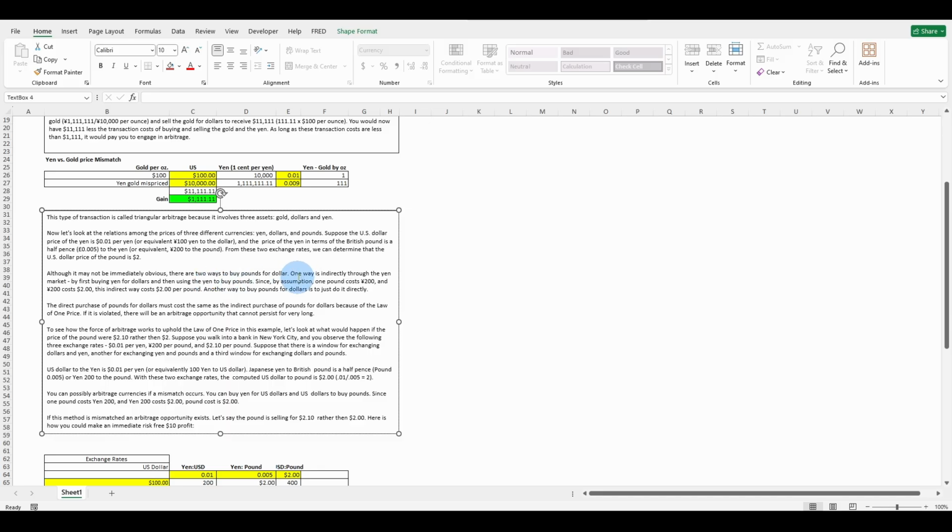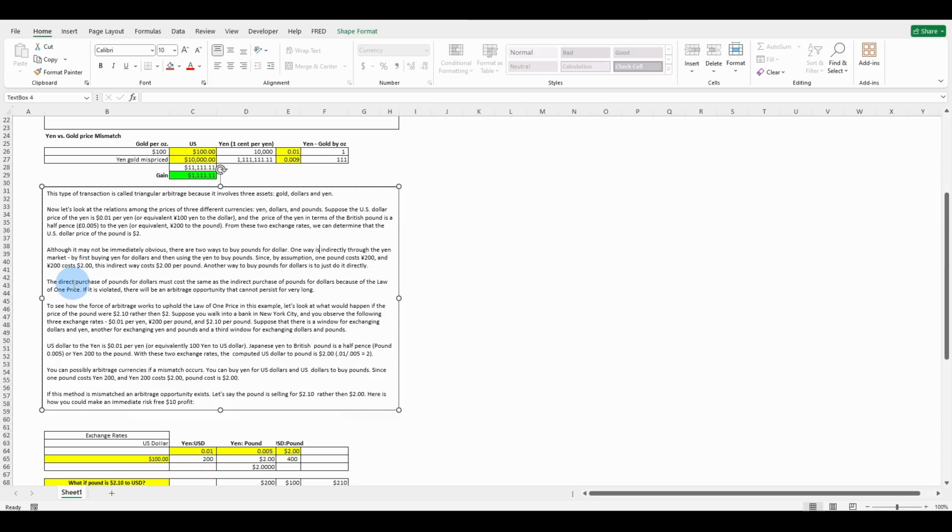Since by assumption 1 pound costs 200 yen and 200 yen costs $2, this indirect way costs $2 per pound. Another way to buy pounds for dollars is just to do it directly. The direct purchase of pounds for dollars must cost the same as the indirect purchase because of the law of one price.